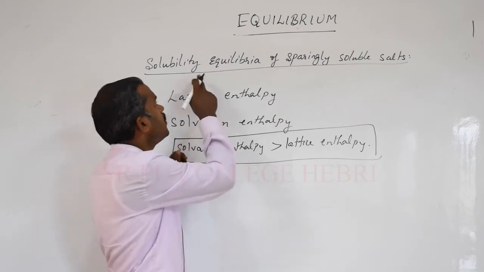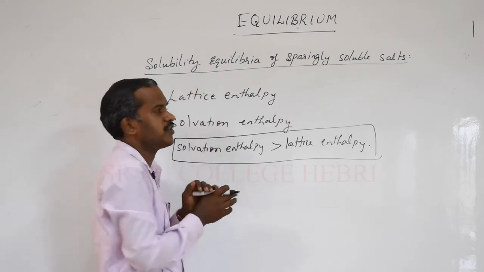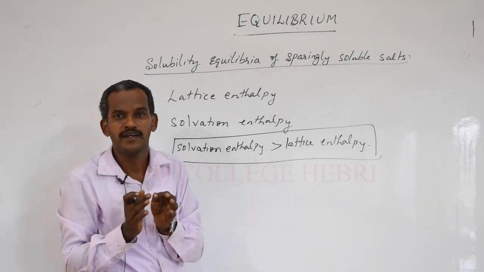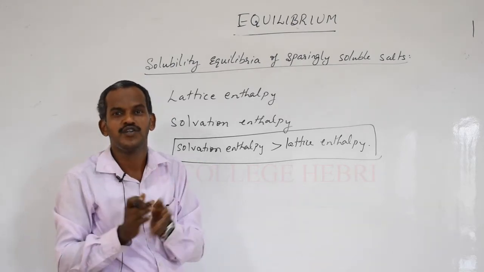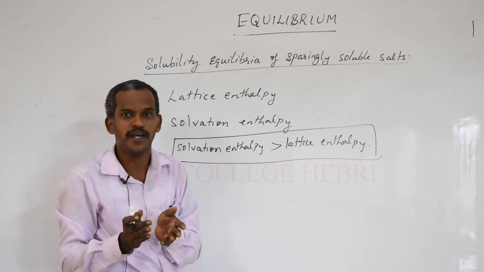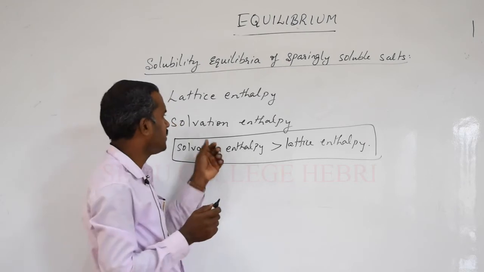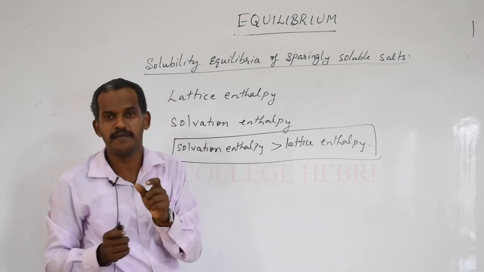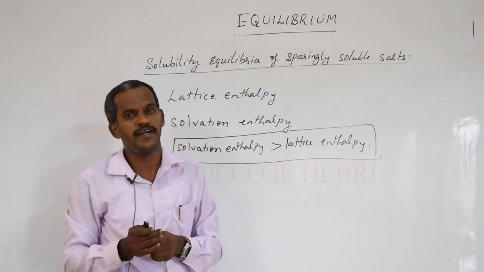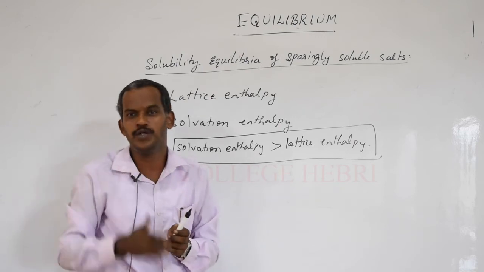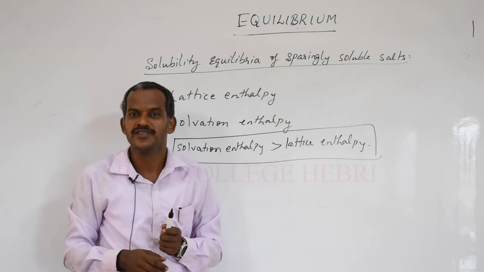So that is about solubility equilibria of a sparingly soluble salt. Here you have to understand a constant, usually called the solubility product, or solubility product constant. So first try to understand the basic thing: the nature of the solvent and the lattice enthalpy of the solute decide the dissolution or the formation of a solution.